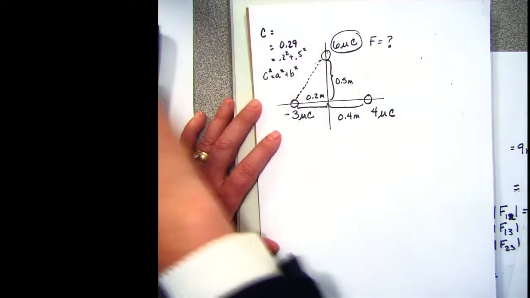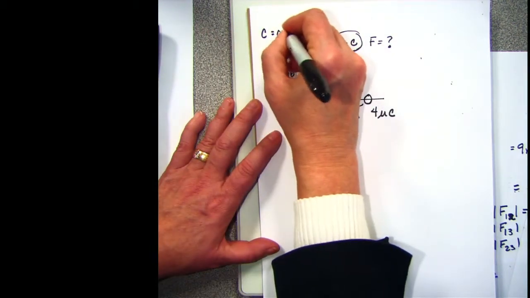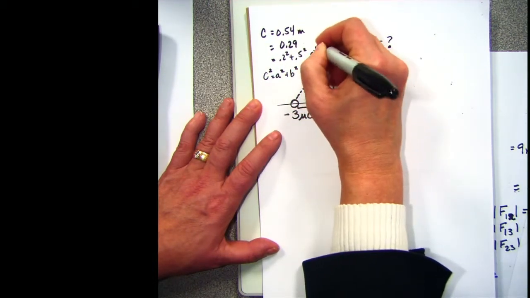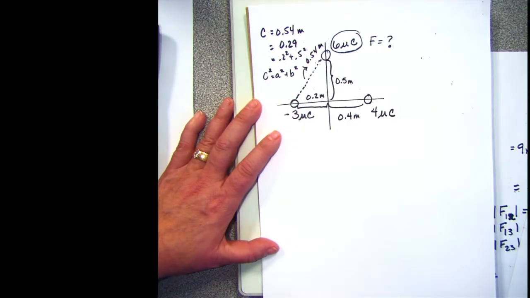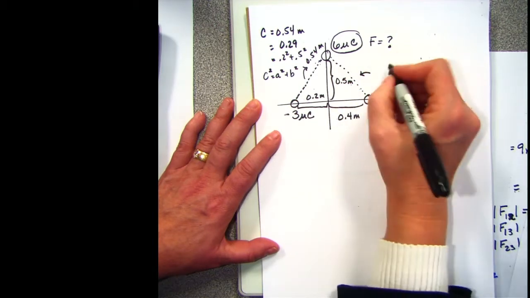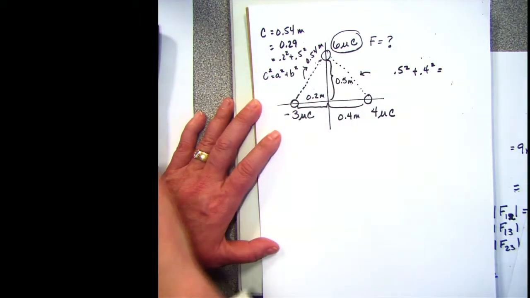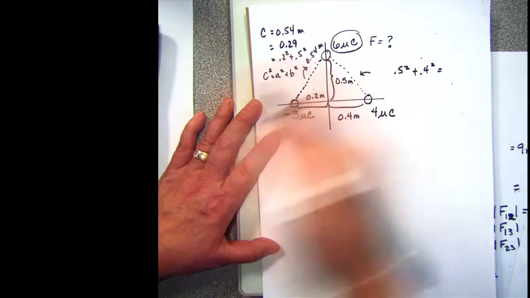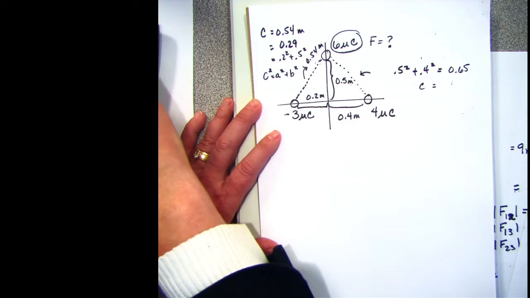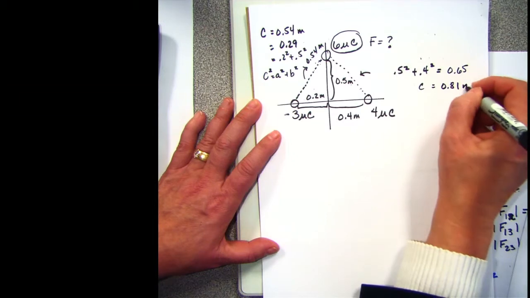So c is going to be the square root of that. So c is 0.54 meters. So this side is 0.54 meters. This side is going to be 0.5 squared plus 0.4 squared gives me 0.65. C equals the square root of that. 0.81 meters.